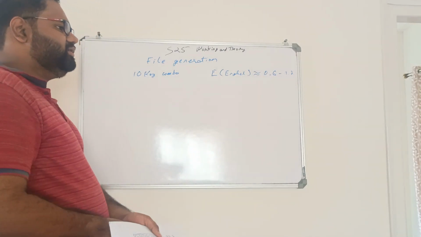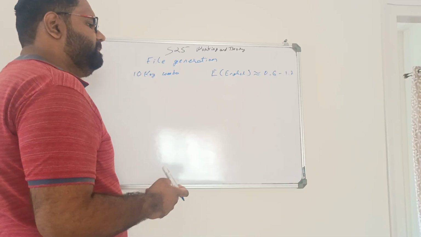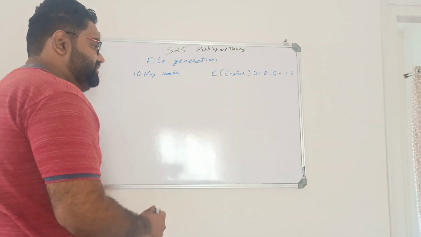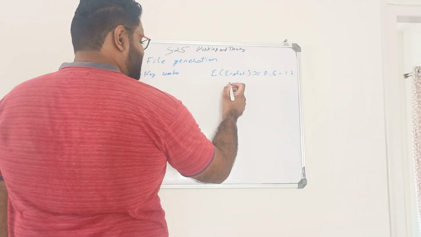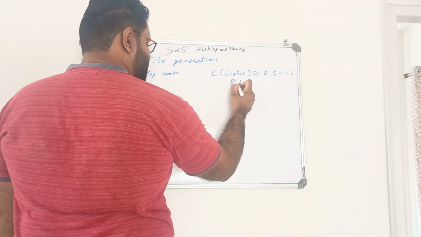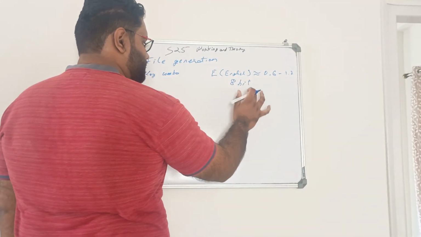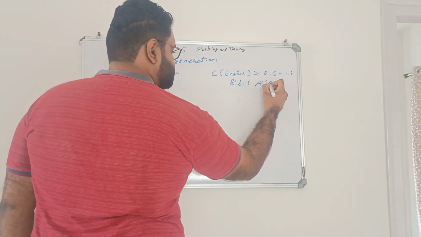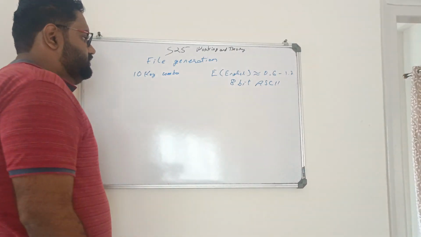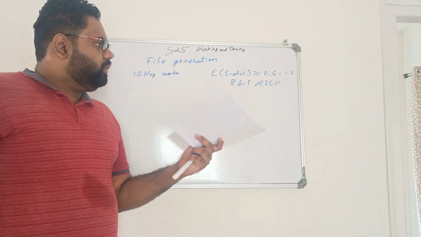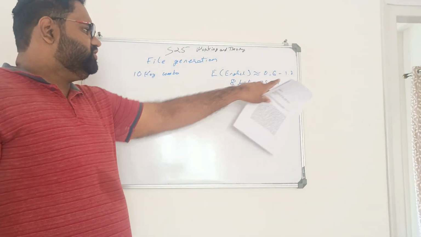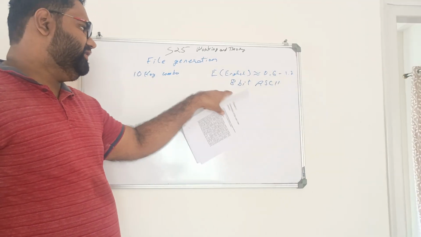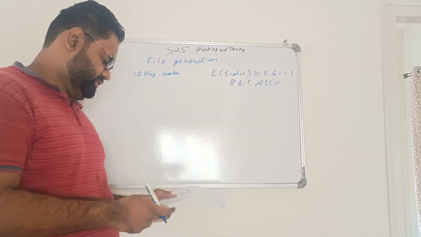Now, when we look at the characters in English, we have this 8-bit ASCII code. So what this tells me is that out of these 8 bits, only 1.2 bits are actually important, and the rest of them are kind of redundant.